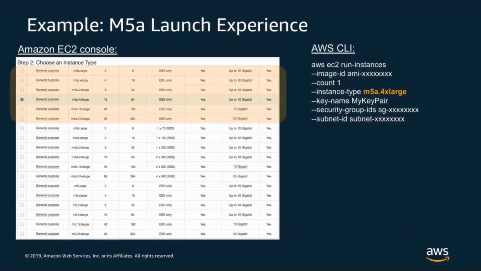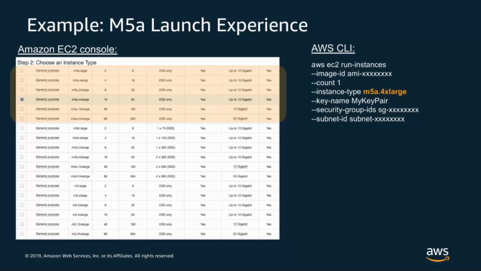So looking at the experience, we talked about all these options for instance types. I wanted to show you, if you go to the Amazon EC2 console, and you select from the drop-down menu of all the different instance types when you're picking your infrastructure to run, you can see here at the top that's highlighted the M5a large all the way down to M5a 24x large.